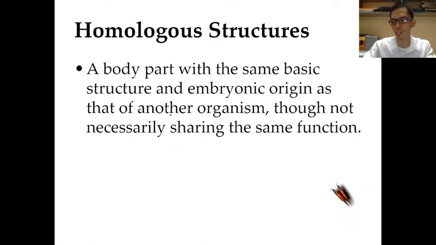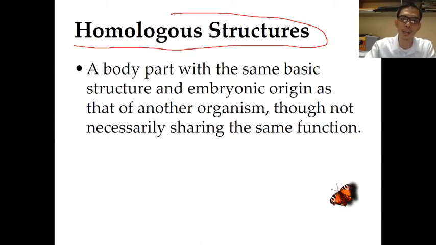So what do we have right here? This is the homologous structure. If the other one has the same function but different structure, this one is the same structure but different function. So why do they become the same? Because of embryonic origin.